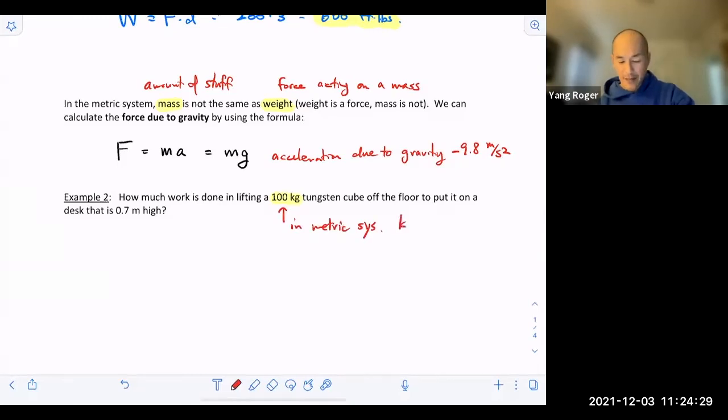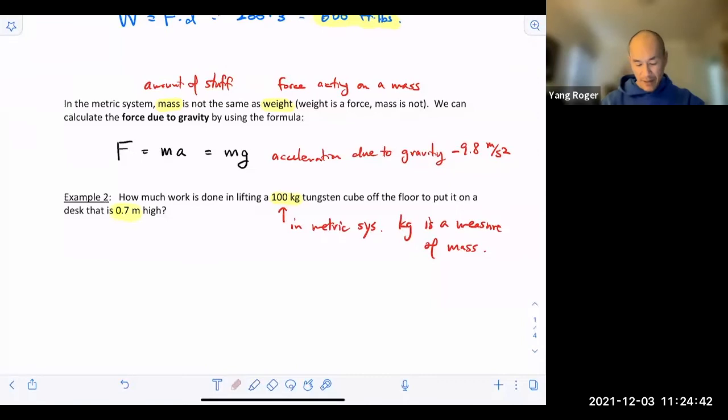And kilogram is a measure of mass. When you look at this 0.7 meters, that's a measure of distance.